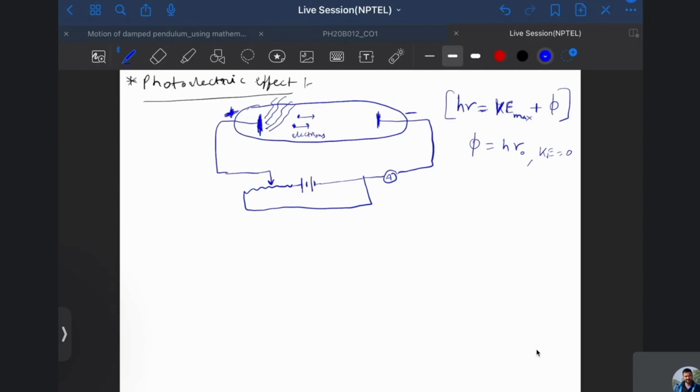So we can write the above equation like this. And so the maximum kinetic energy that you can have in a photoelectron is just the difference of these two energies.